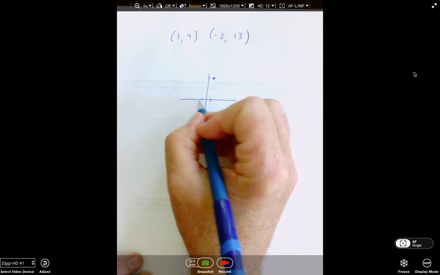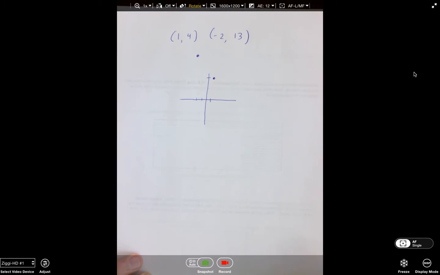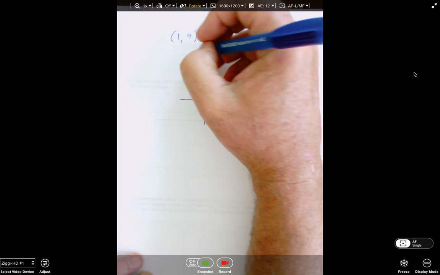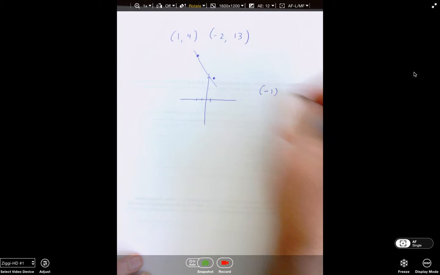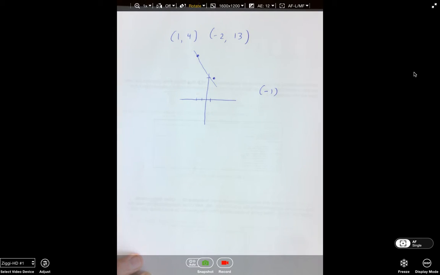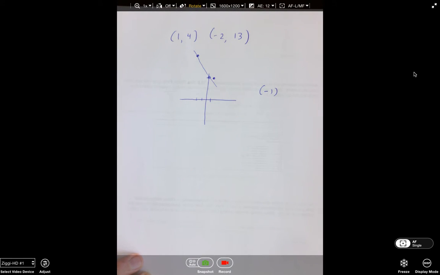And the negative 2, 13 would be something like this. So I can see when I connect those 2 points, I didn't do a very good job of connecting the points, so pretend that line goes through those 2 points. But I can see that I'm going to have a line with a negative slope, and I can see within some reasonable certainty that my y-intercept is going to be positive where it crosses the y-axis. Well, I can stop speculating here, and I can go ahead and start making some things happen, okay?